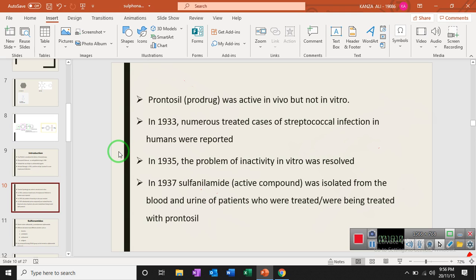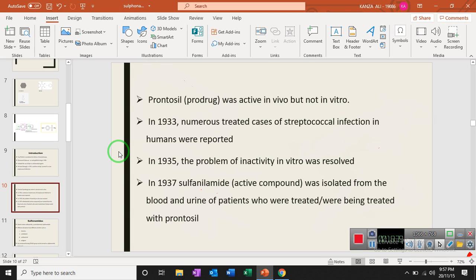As I have told you, in 1935 we resolved the problem. We have an approach that it is a product which is activated after metabolism in the living system or in the bacteria.